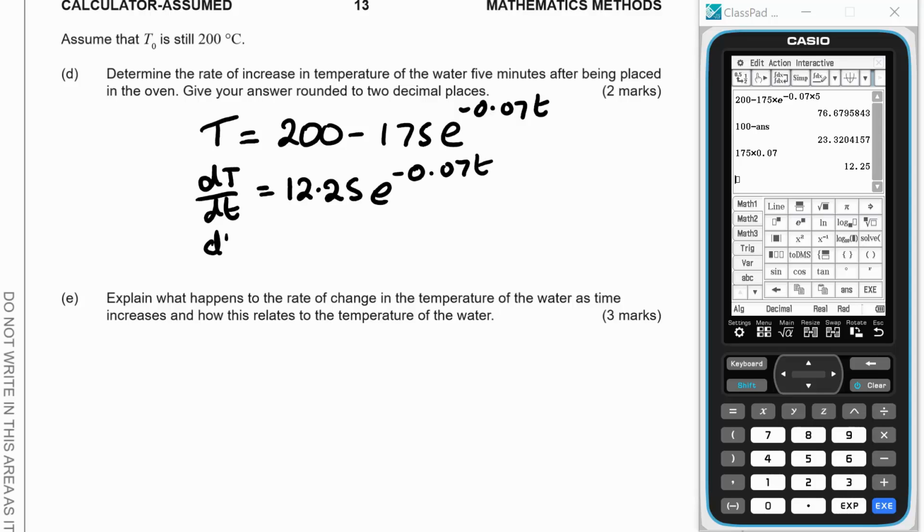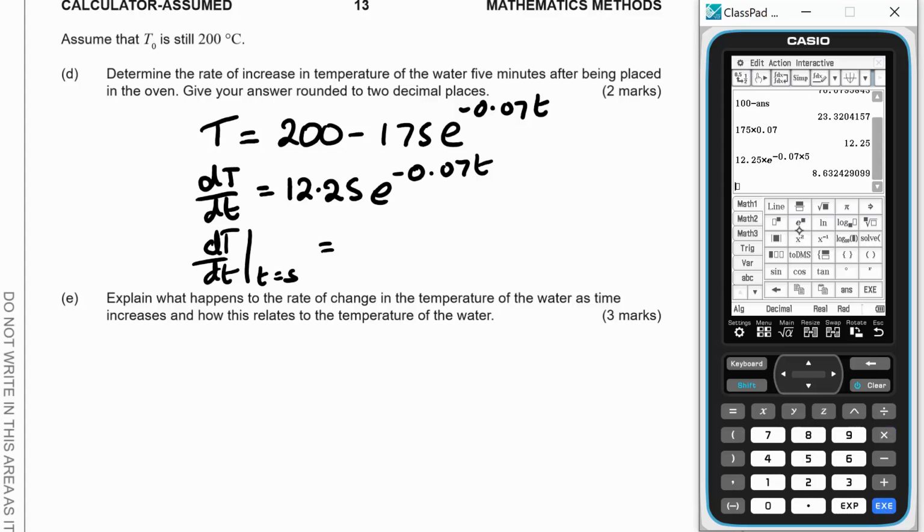And then we want dT/dt given that t equals 5. So that is going to be 12.25 multiplied by e to the negative 0.07 times 5, which gives us 8.63, and that would be degrees C per minute.